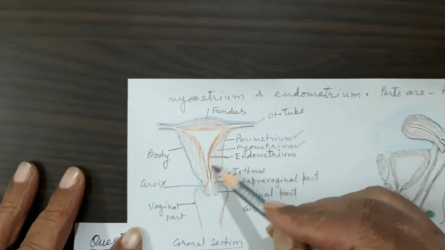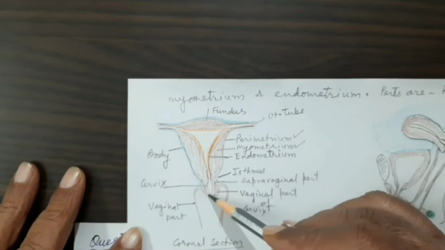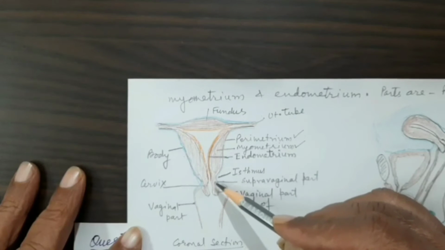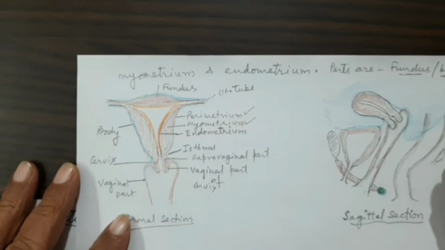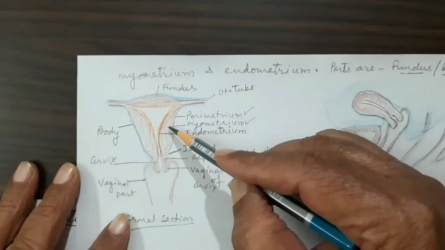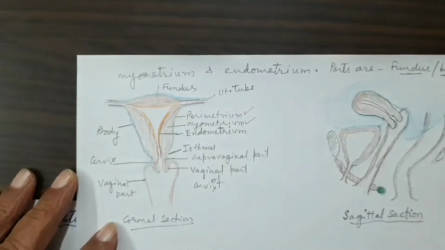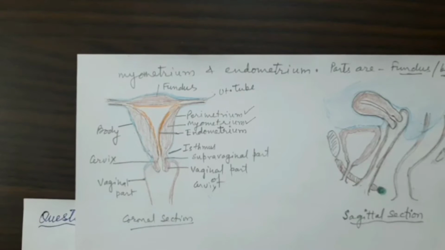The same myometrium from the body is also continuous down below in the cervix, the cervical part below the isthmus, the lower one-third part. Now, as I said, it is smooth muscle, and since it is a viscus, this smooth muscle is innervated by sympathetic and parasympathetic nerves.